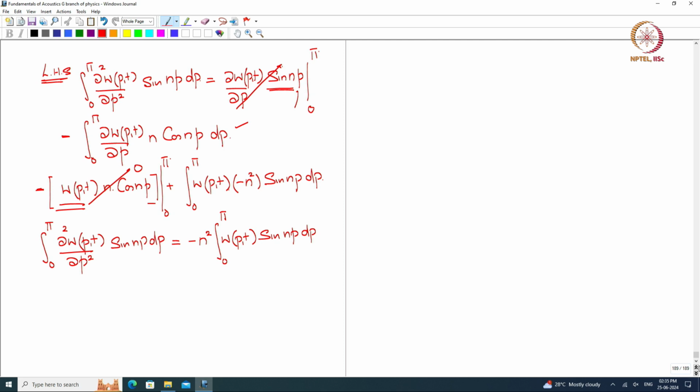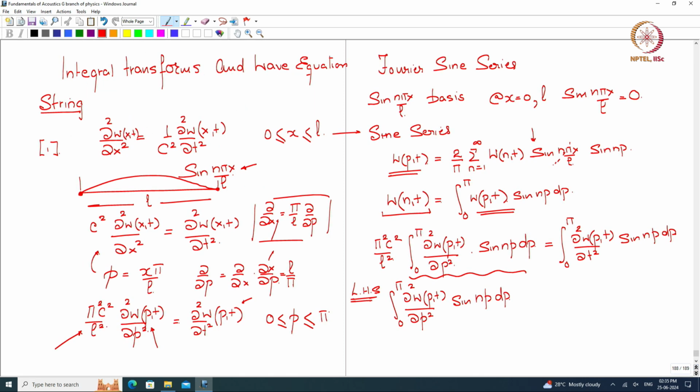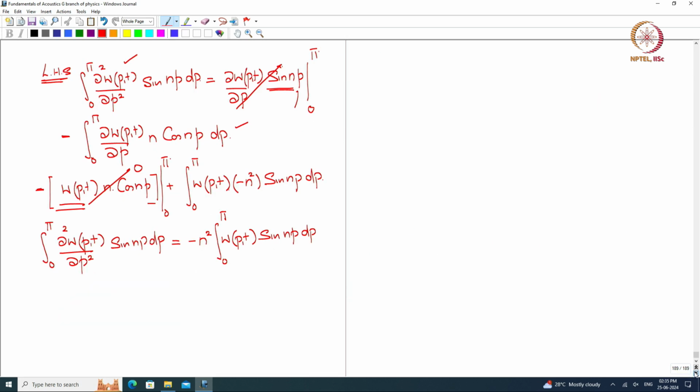We have a coefficient in front, pi square c square by L square. So we bring that in.